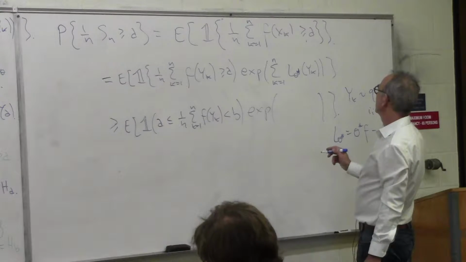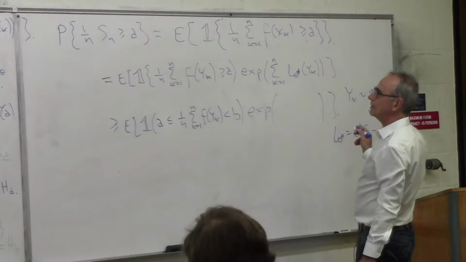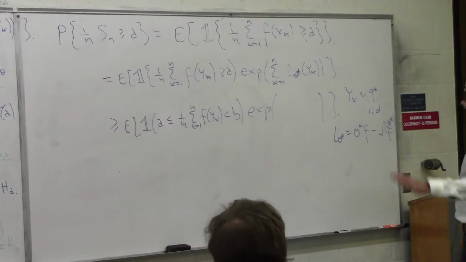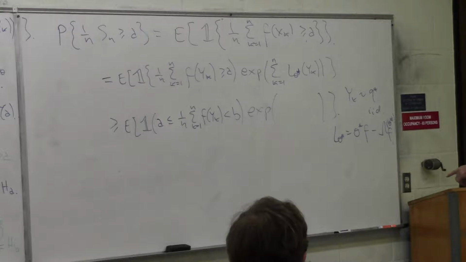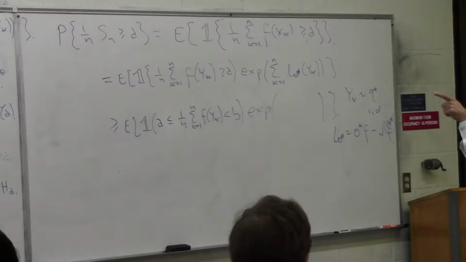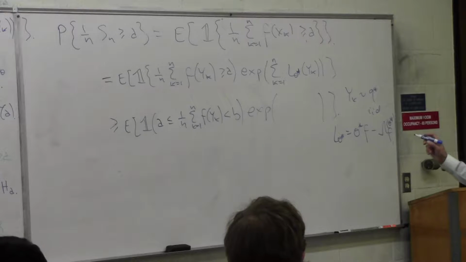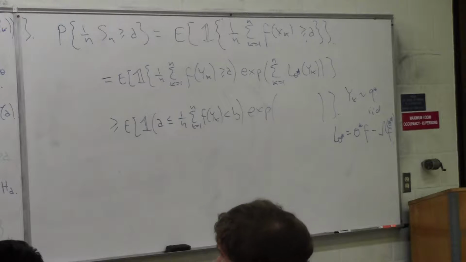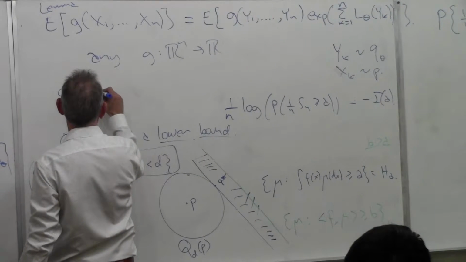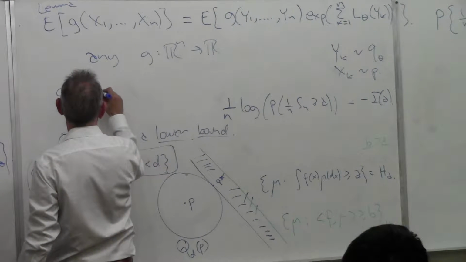And, oh, wait a second, there's a minus sign missing somewhere. Where is it? Q theta over p. Somebody, there's a typo here, guys. There's a minus sign missing, right? Wait. Isn't there?